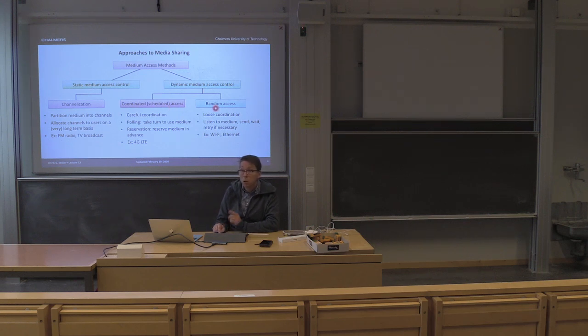Random access is more loose coordination, or sometimes very little coordination, where users use the channel a little bit in a randomized fashion. And there are some advantages and disadvantages with these methods, and we will talk more about them as we go along. In the coordinated one, at least, it's careful coordination, and there are two main things that we will talk more about.